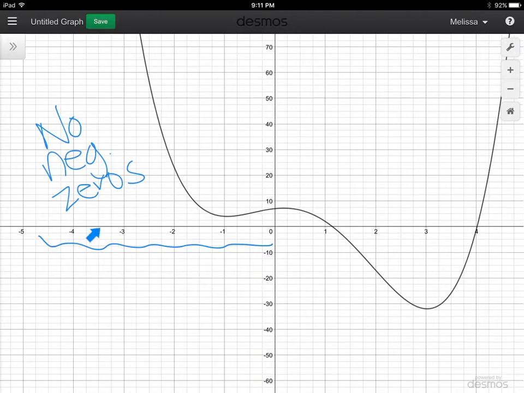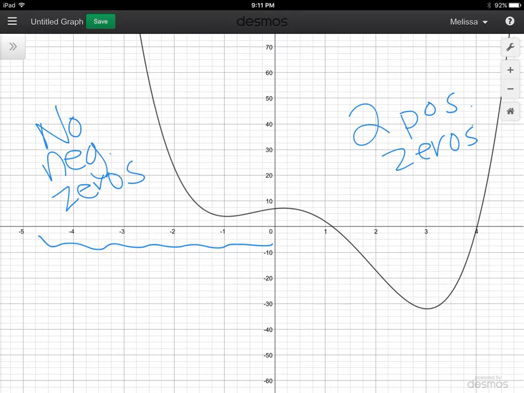And over on the right side, we have 2 positive zeros. One just past 1, and another one right about 4. So we can say that we have 2 positive zeros and no negative zeros.